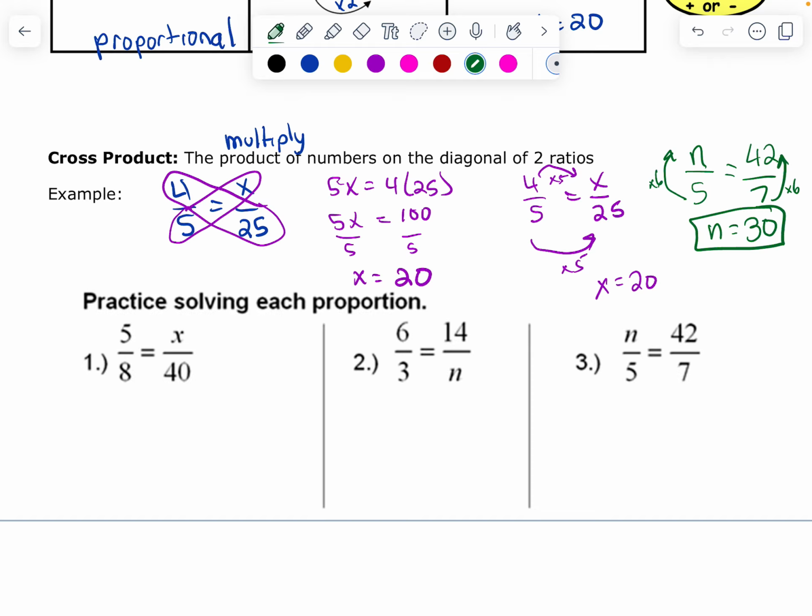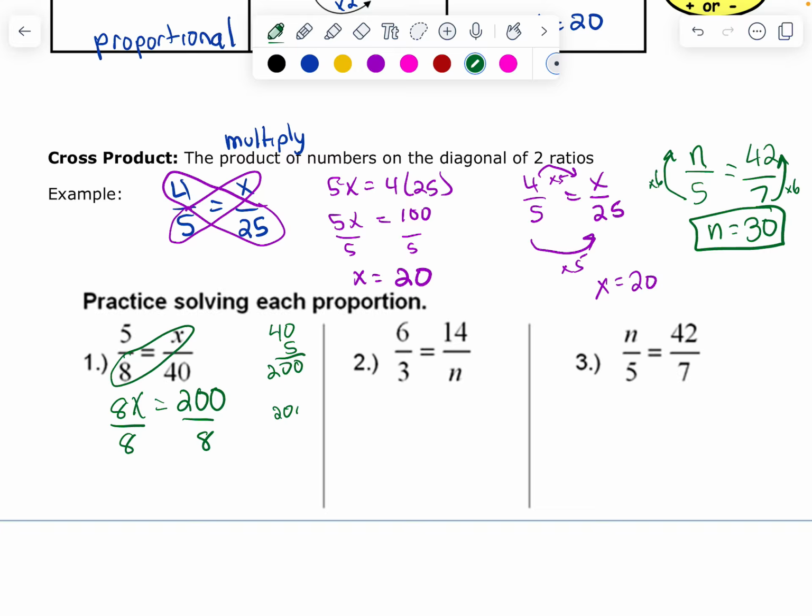For 5/8 equals x over 40, I'm going to do the cross product. And I'm going to get 8x equals 40 times 5 is 200. And then I'm going to divide by 8.